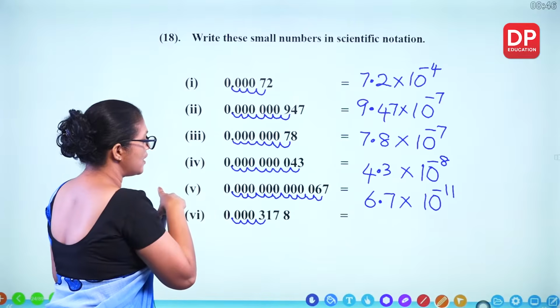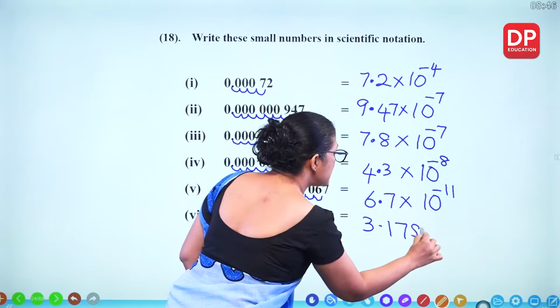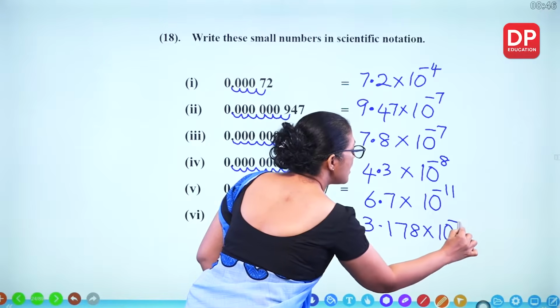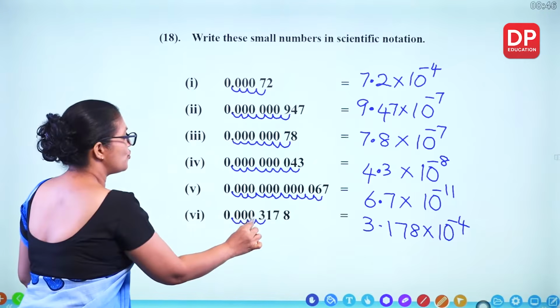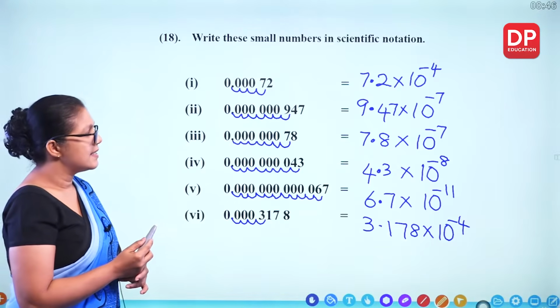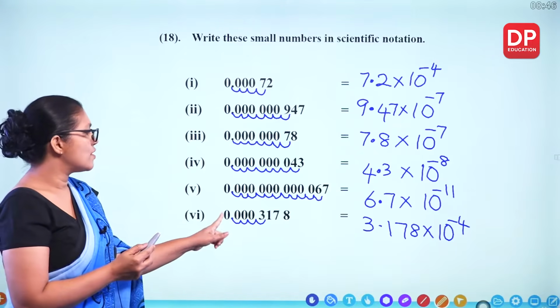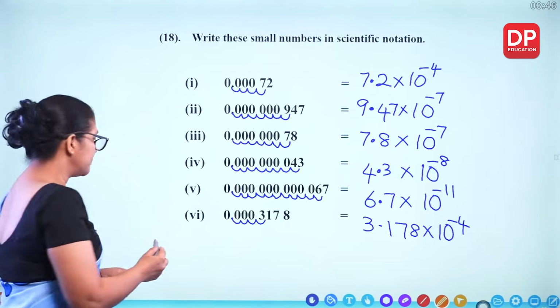You have to move to the left. That means 3.178 times 10 to the power minus 4. 1, 2, 3, 4 places to get the number less than 10. So all these powers are negative powers because these are very small numbers.